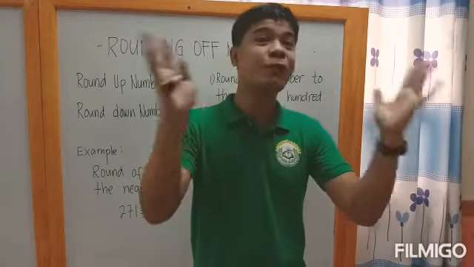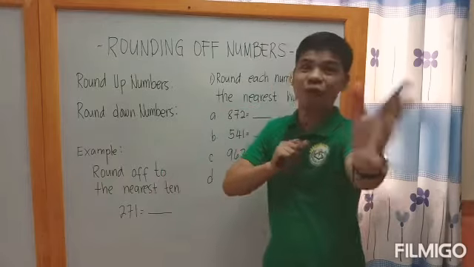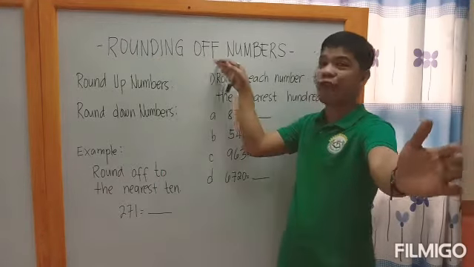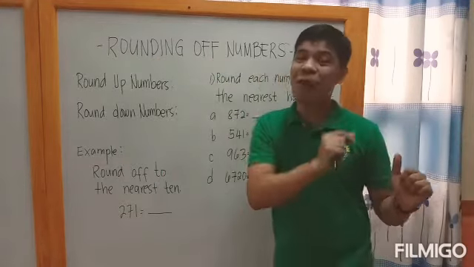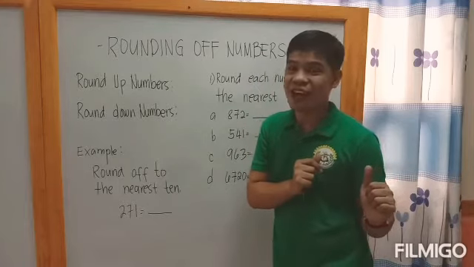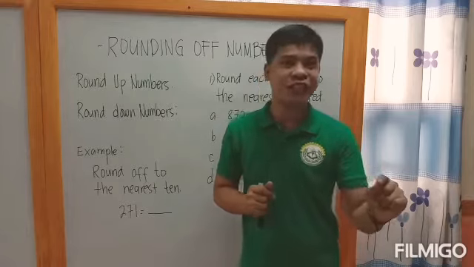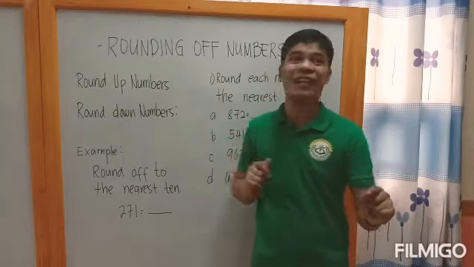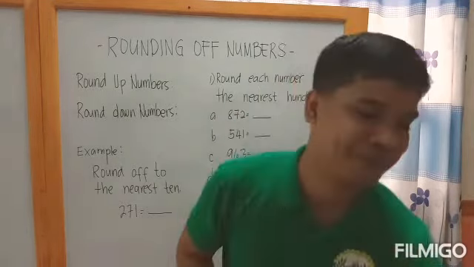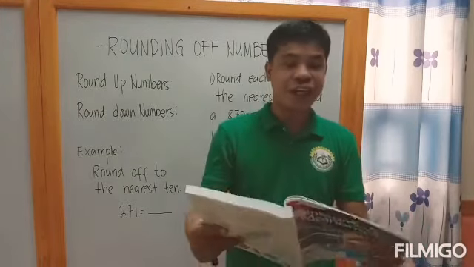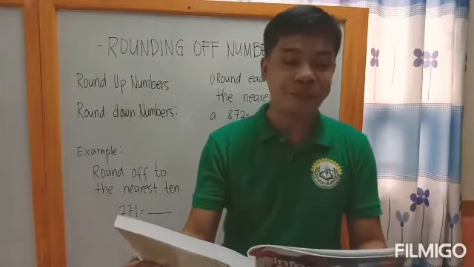So for today's vlog, I will be teaching all of you rounding of numbers. Before we start our lesson, let me read to all of you first the math idea of this lesson. Listen carefully, class.